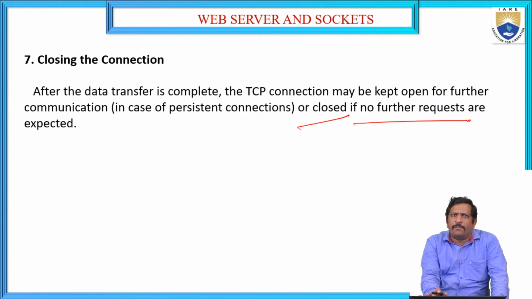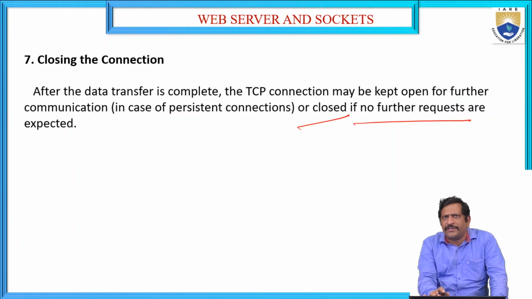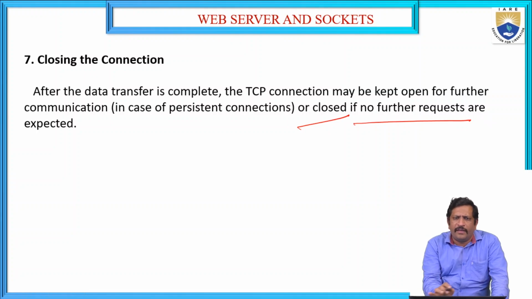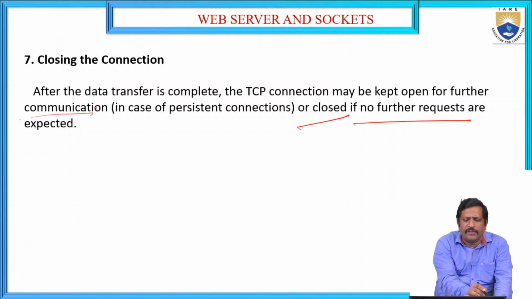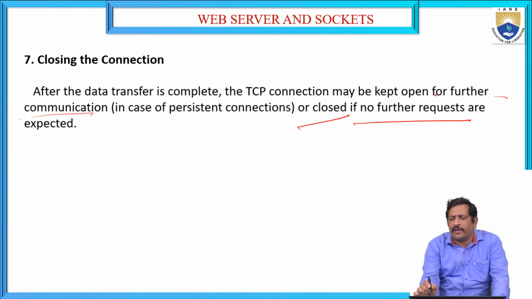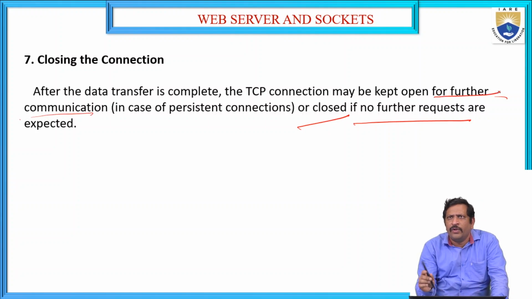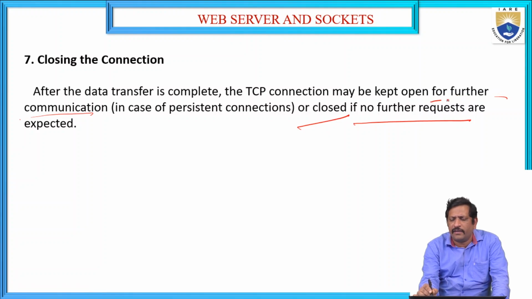If no further process is expected, the connection is closed; otherwise, in the case of persistent connections, the TCP connection is kept open for further communication. These are the protocols that establish the connection for further communication.